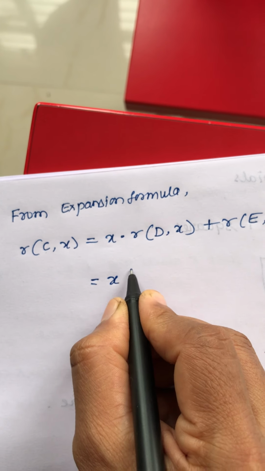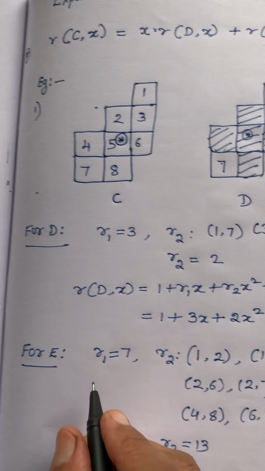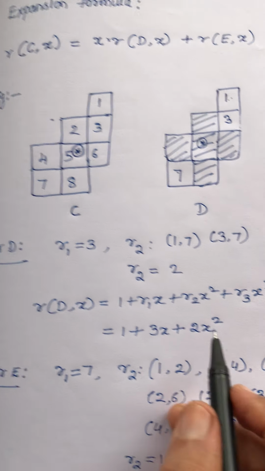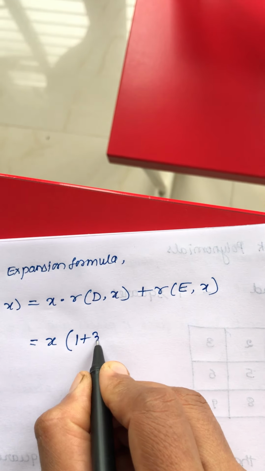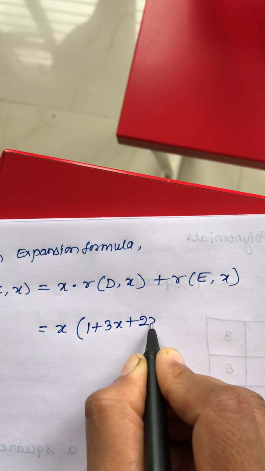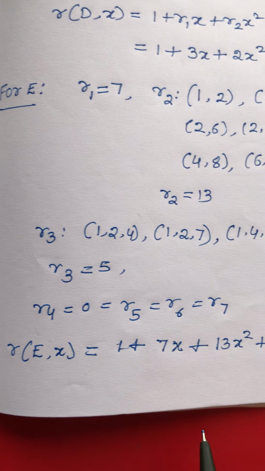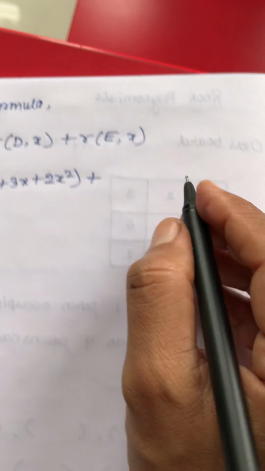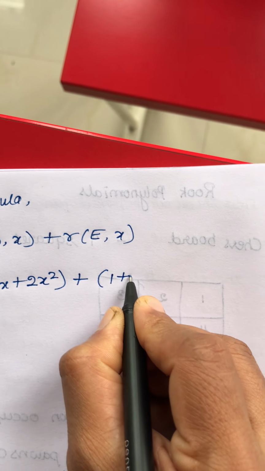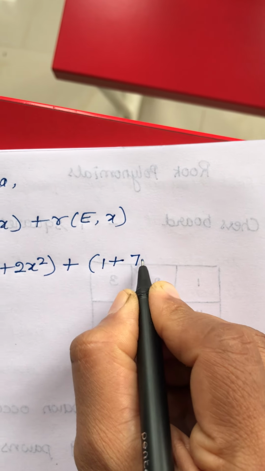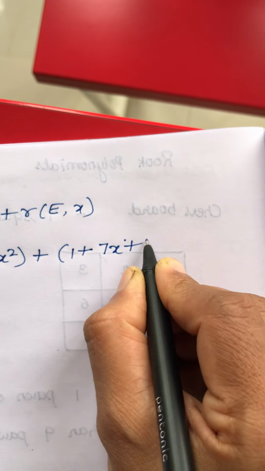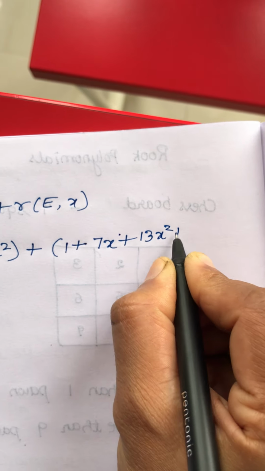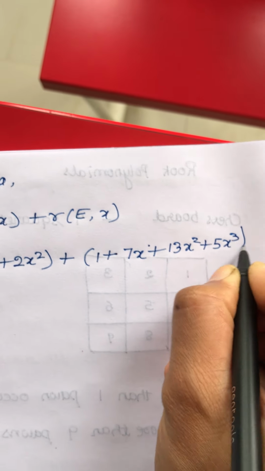So x into R of D comma x is x into 1 plus 3x plus 2x square, plus R of E comma x. R of E comma x is 1 plus 7x plus 13x square plus 5x cube.